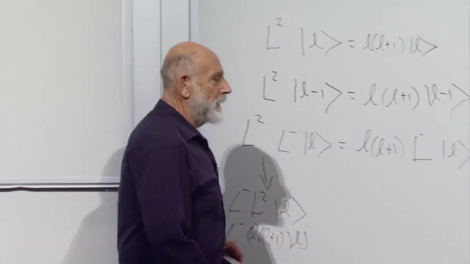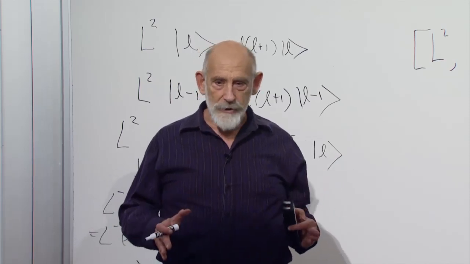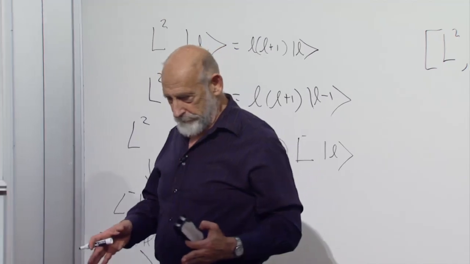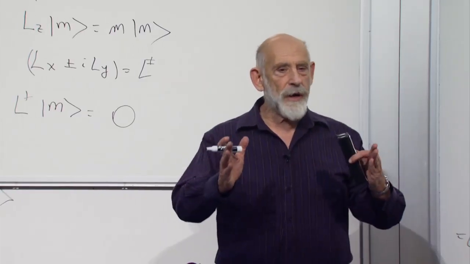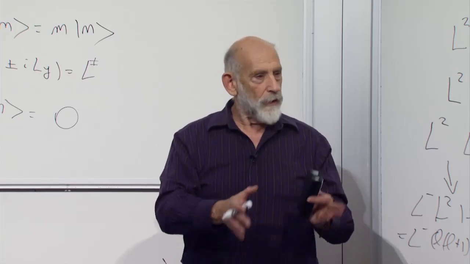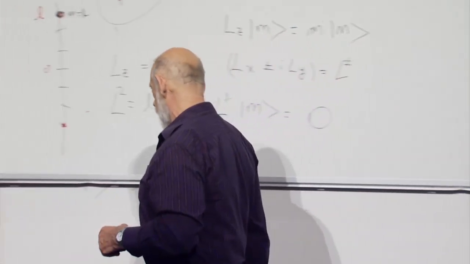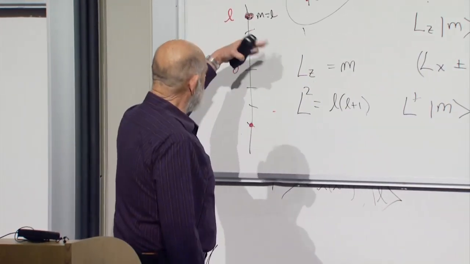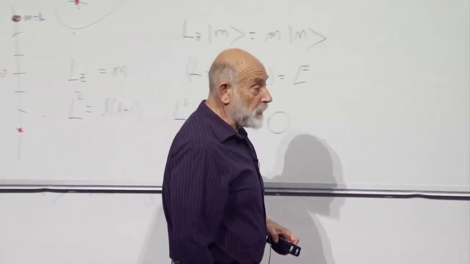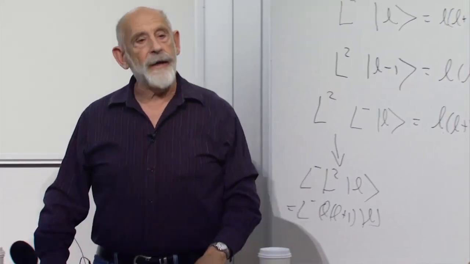So, for each one of these little L's, there are 2L plus 1 states, and they all have the same squared angular momentum. Roughly speaking, they have the same squared angular momentum because they're just tilts away from the vertical axis. That's a rough statement. Quantum mechanically, it's a little trickier than that. But that's the classical analog, that by rotating and changing the z component of the angular momentum, you haven't changed L squared. Okay, so that's what we know about angular momentum multiplets.